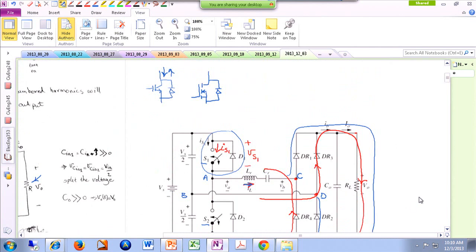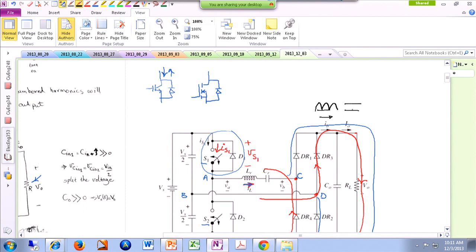So technically, if you look at this current over here, it's the rectified version of ILR. And if your cap is very large, the output current is almost DC. So you can argue that the output current is the average value of the rectified version of ILR.